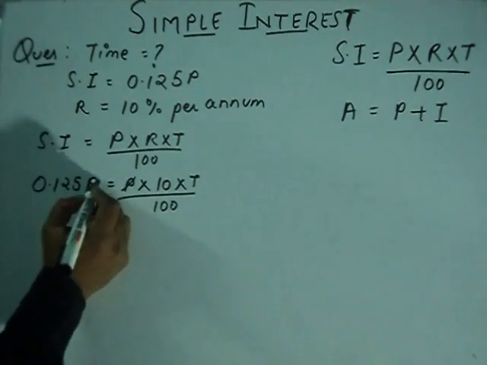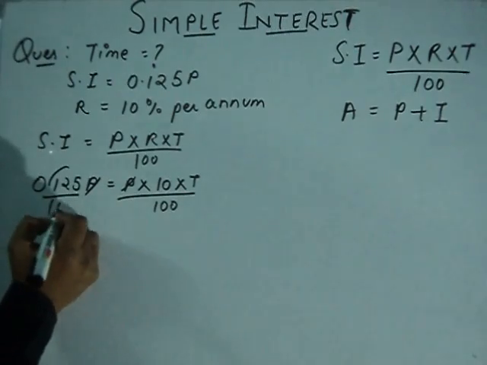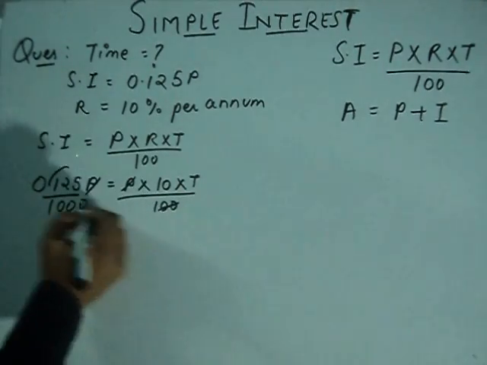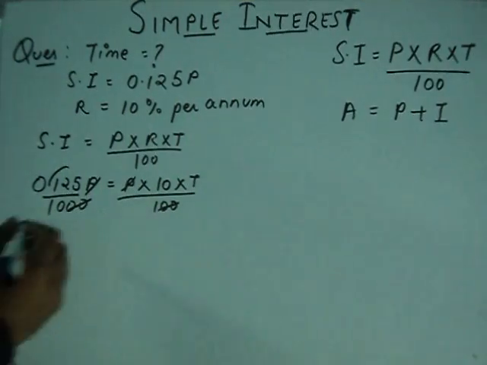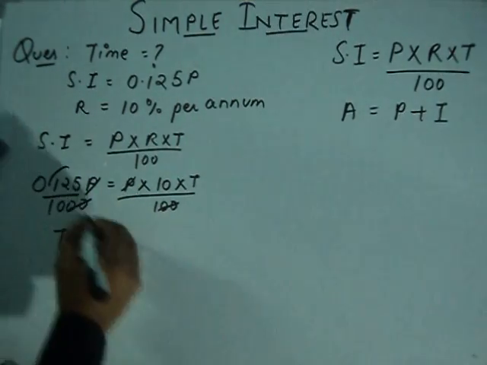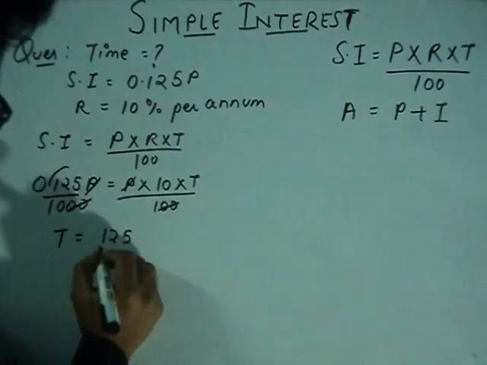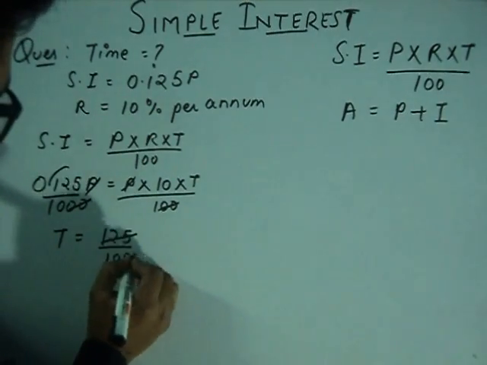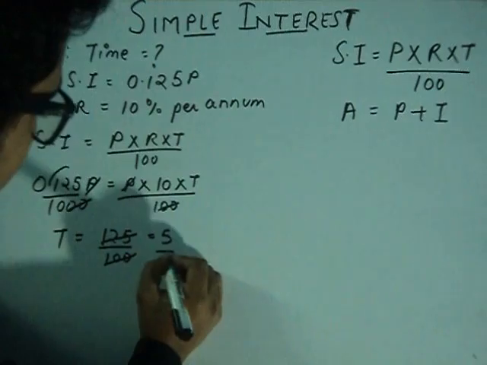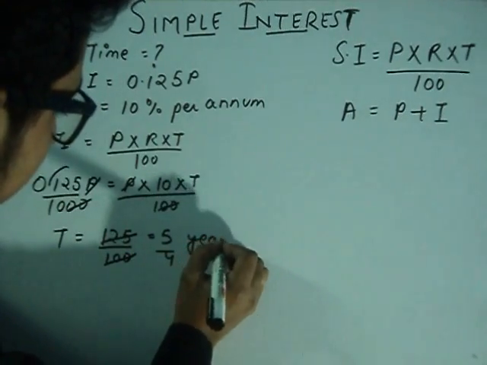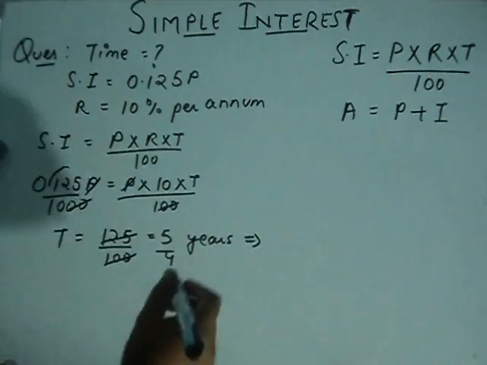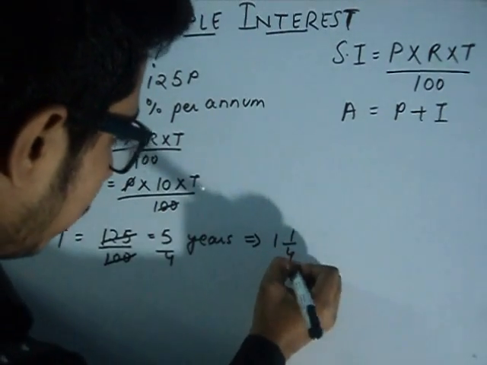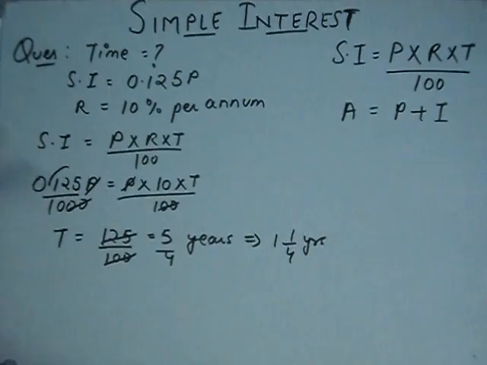So we cancel out here like this. So our time value will be 1 by 5 upon 100, that would be 5 by 4 years. Or if I convert it into a mixed fraction, it would become 1 1/4 years.